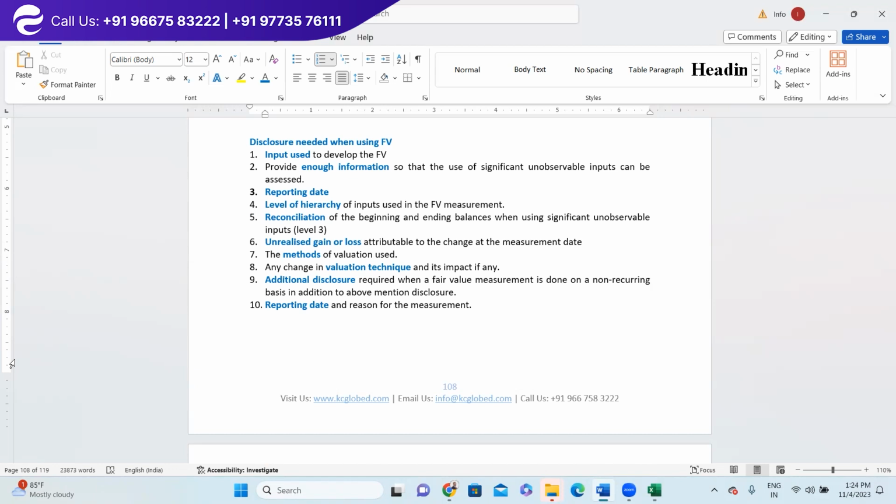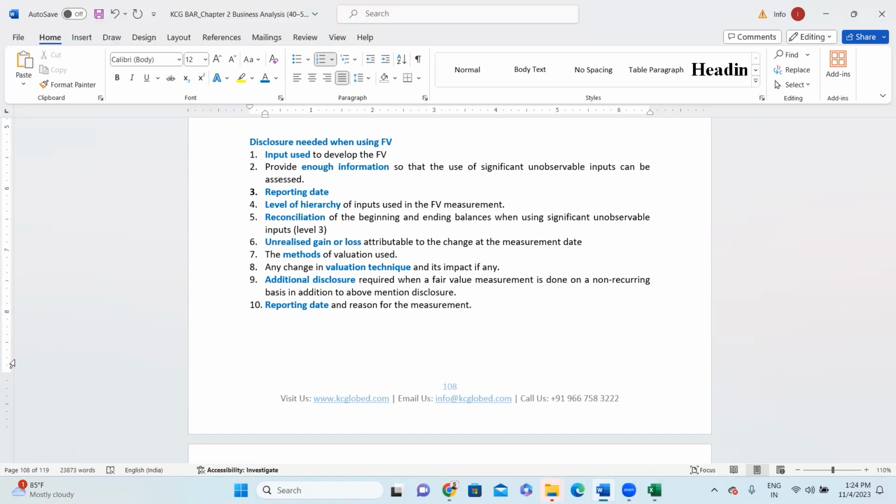Third is the reporting date. The fourth one is the level of hierarchy or input used in the fair value measurement. Fifth is reconciliation of beginning and ending balance when you are using significant unobservable inputs.